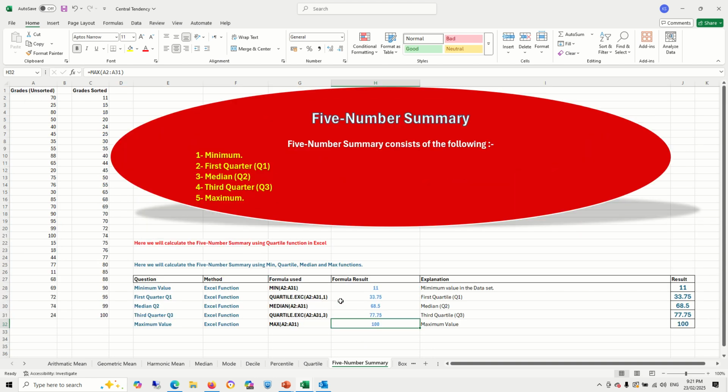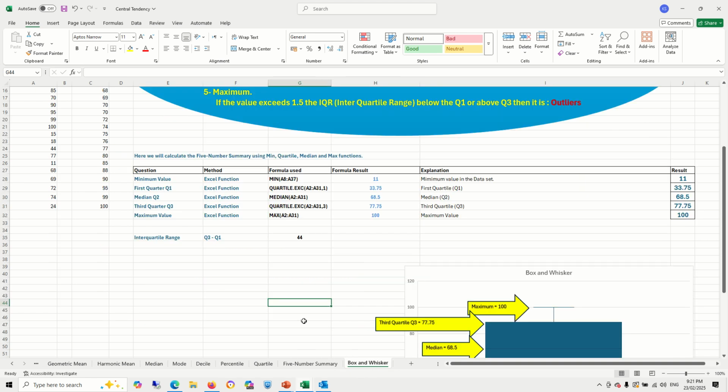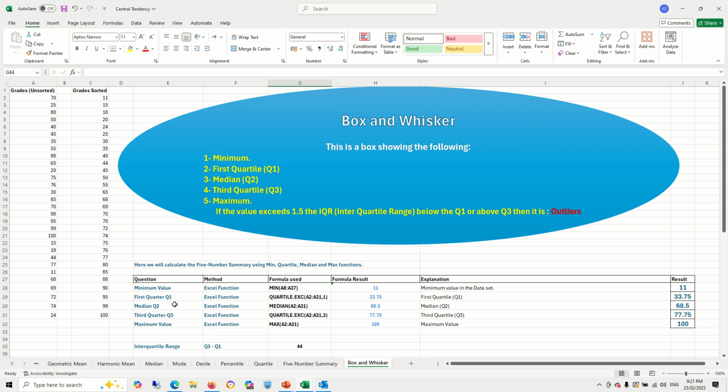Let us see what we can do using the 5-number summary. Then we came to the box and whisker. The box and whisker here is a graph developed by Tukey, the data analysis authority.